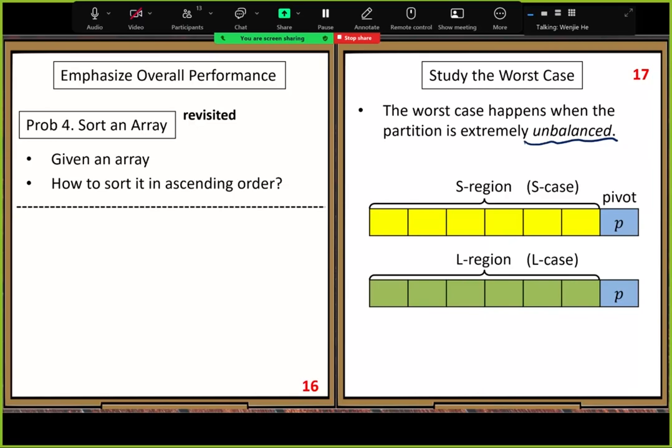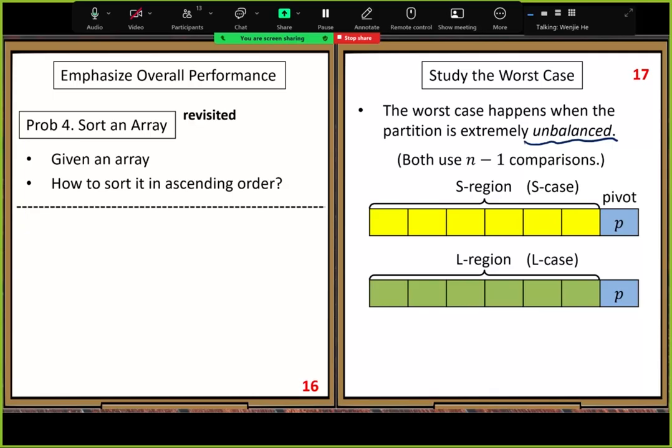Although the probability of this worst case is very small, theoretically it could occur.